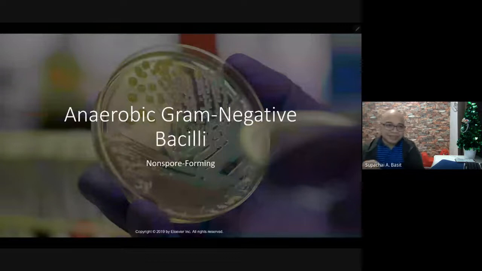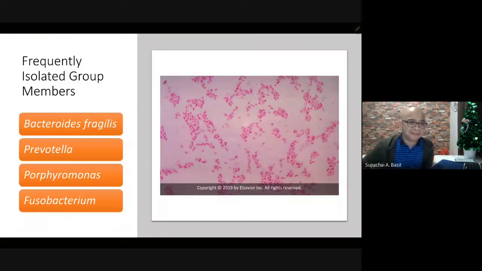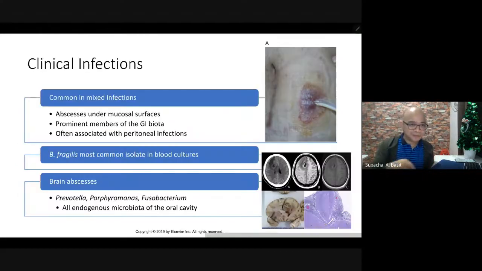Okay, so this time, let's talk about the anaerobic gram-negative bacilli that are non-spore forming. Frequently isolated members are Bacteroides fragilis, Prevotella, Porphyromonas, and Fusobacterium. So let's talk about the clinical infections.